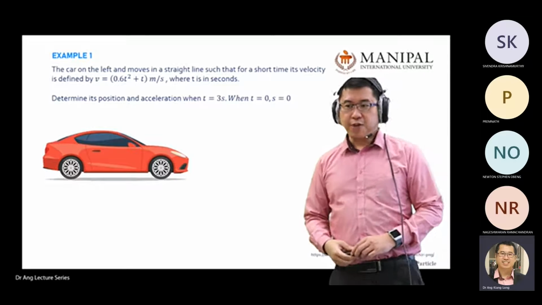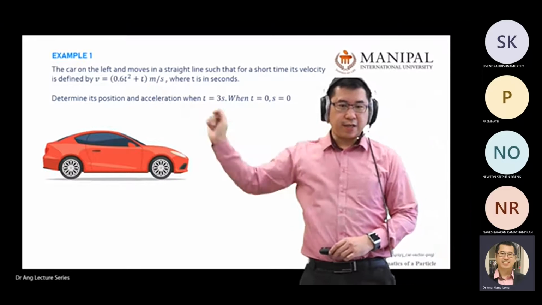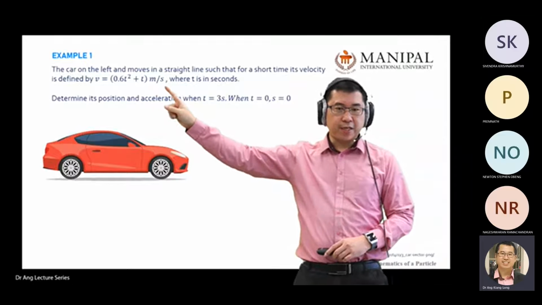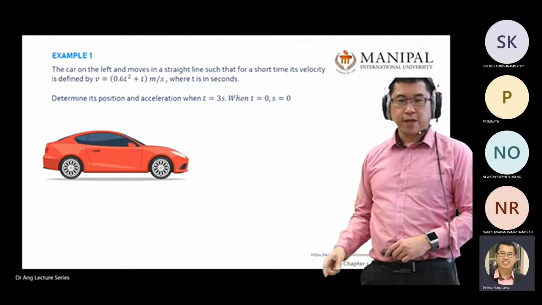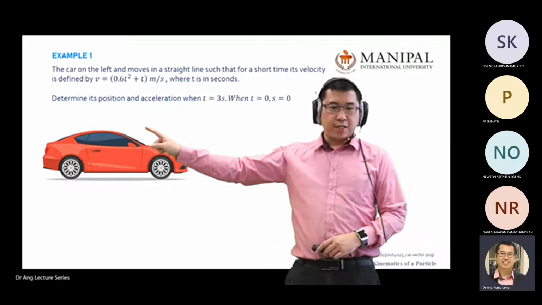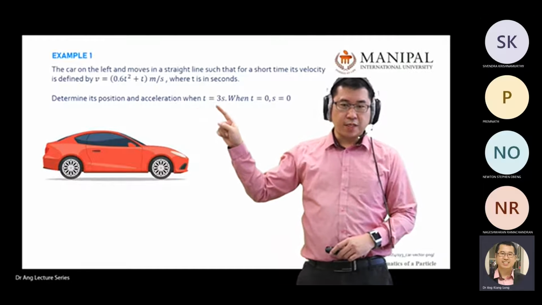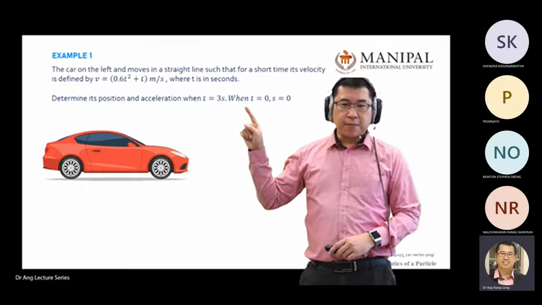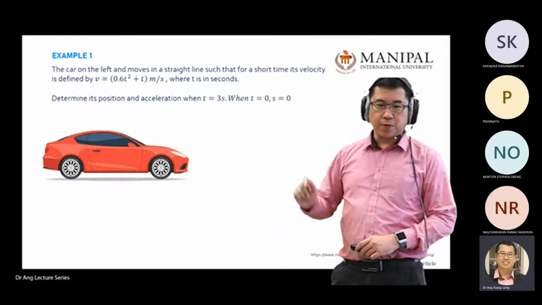For a short time, velocity is defined in this equation: v equal to 0.6 t squared plus 2t m/s, where t is in seconds. The question asks you to determine its position and acceleration when t equals 3 seconds, and it gives you the starting point: when t equals 0, your displacement equals 0.